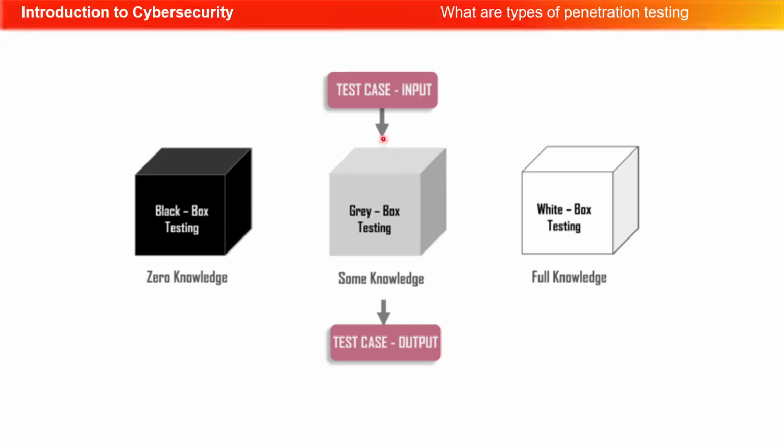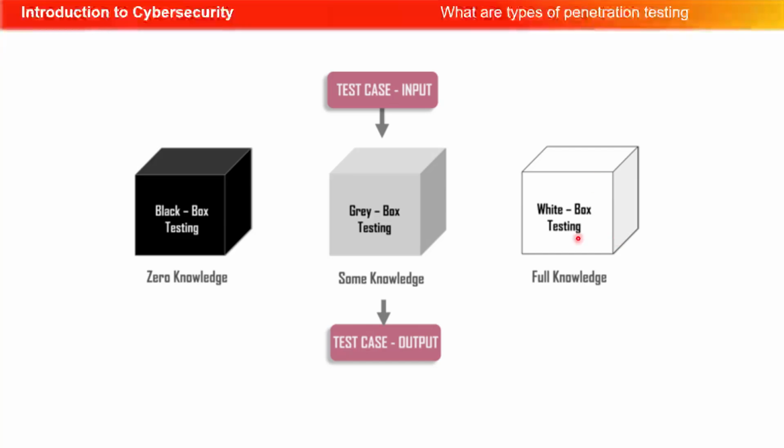Gray box testing, where there is some kind of a test based on some knowledge, and then based on the results of that test, even if it's an error, may start to give some information on a vulnerability or a way to penetrate that enterprise's safeguards and get into their network.